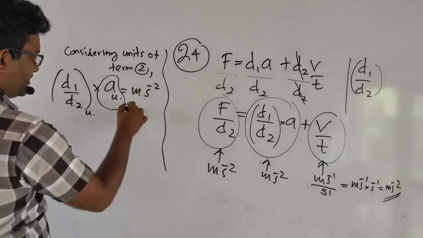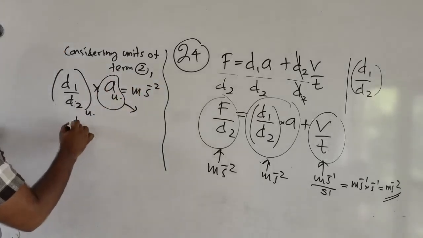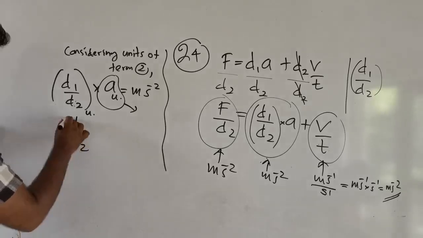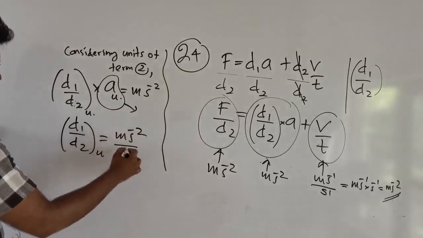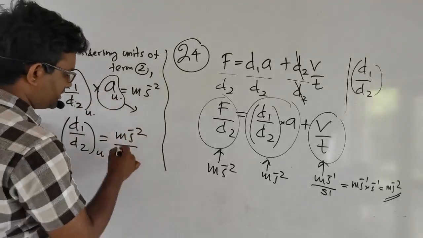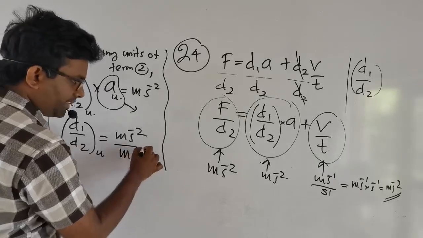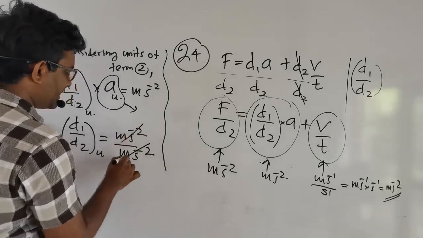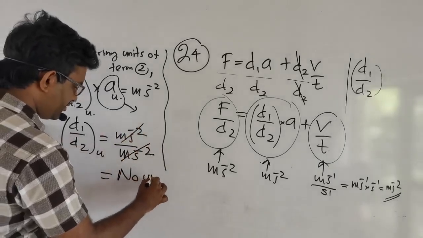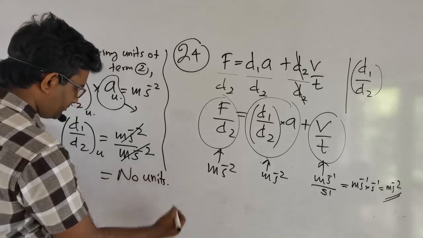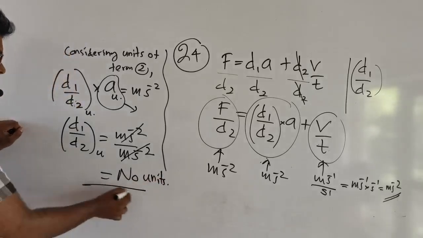Then we can cross multiply this. Units of d1 over d2 equals m s minus 2 divided by units of acceleration, that is also m s minus 2. You can see that they cancel each other, so there are no units. So that is the answer.